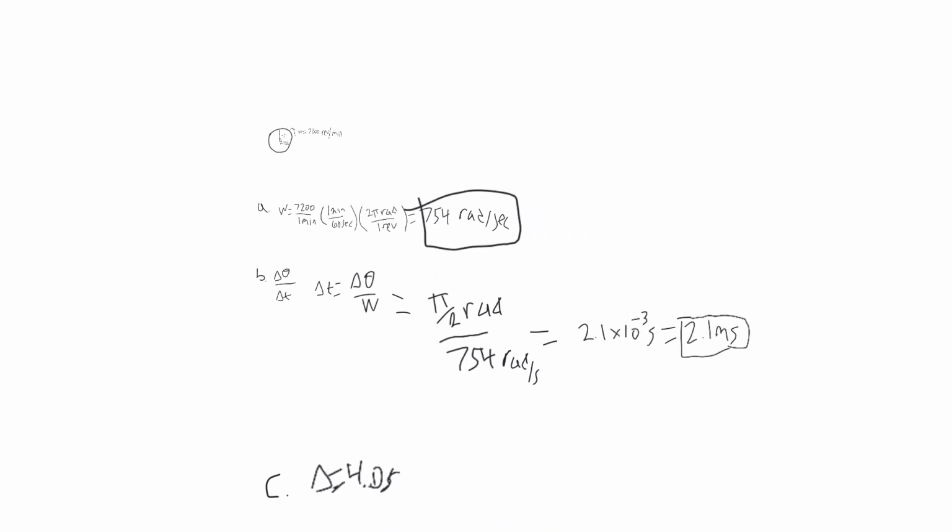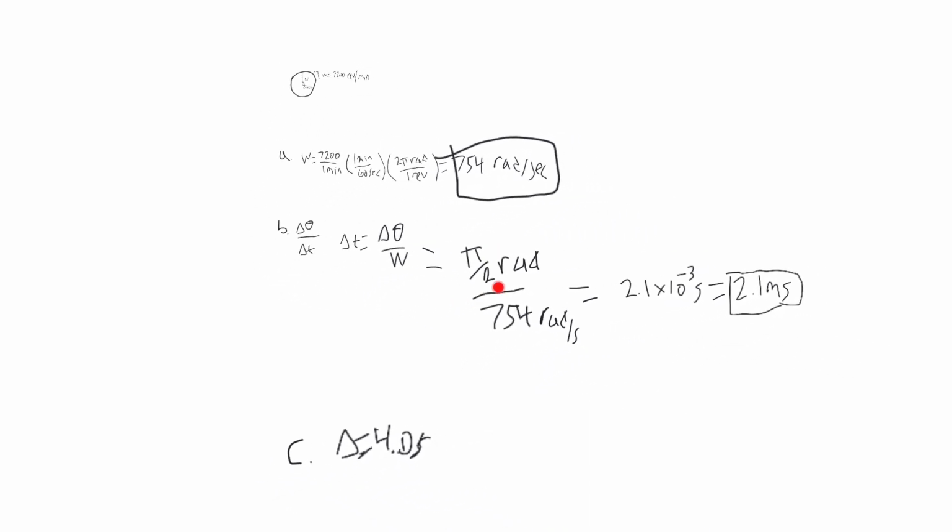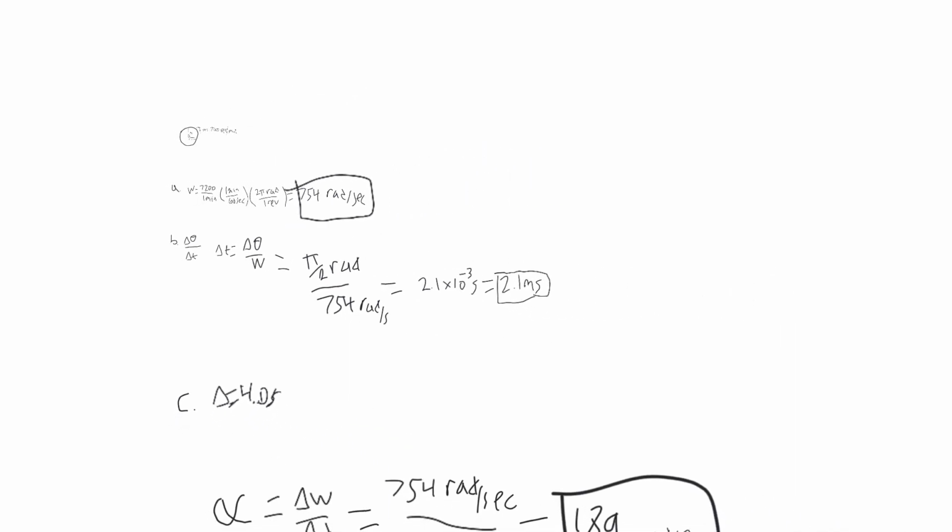We already have a lot of those things. The change in angle in radians is pi over 2, which is the 90 degrees, and we have the angular velocity we found in the first part, 754. You do that, and you get your change in time as 2.1 times 10 to the negative third seconds, which is 2.1 milliseconds. So that's the second part.